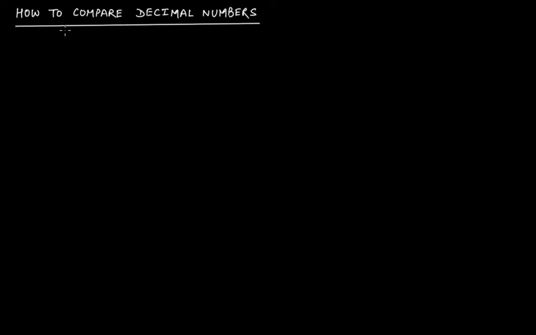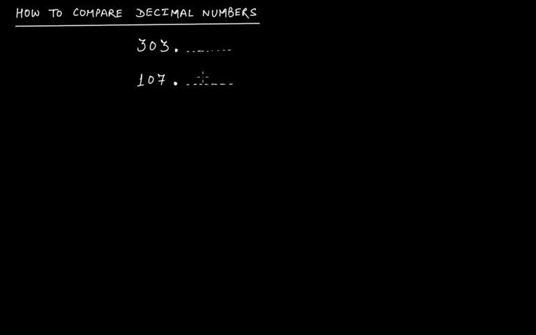Let's take 303 point anything. Just imagine any decimal number in your mind, but 303 should be there, and any digits after the decimal point. And again, 107 point anything.